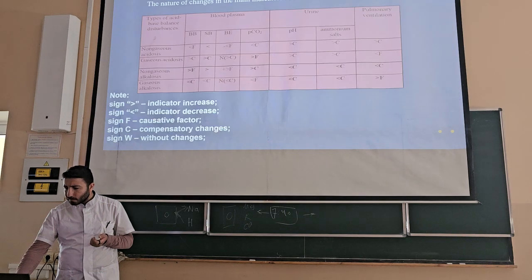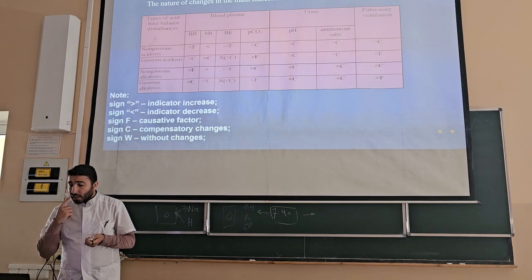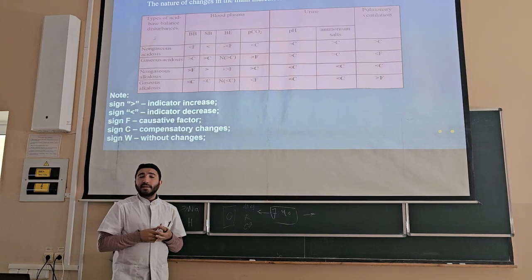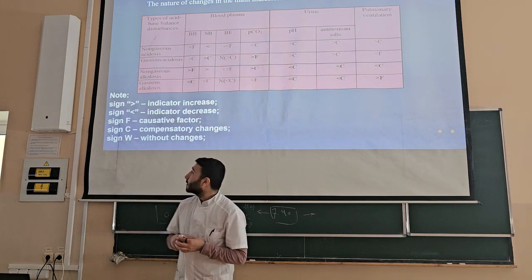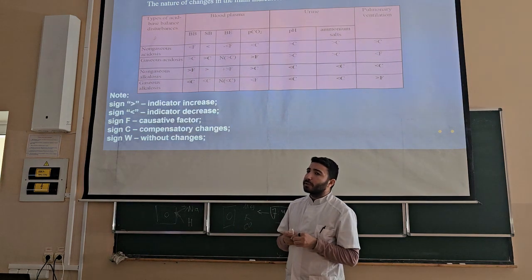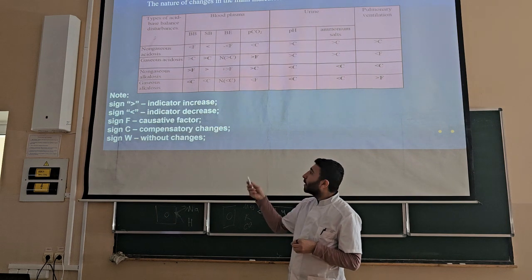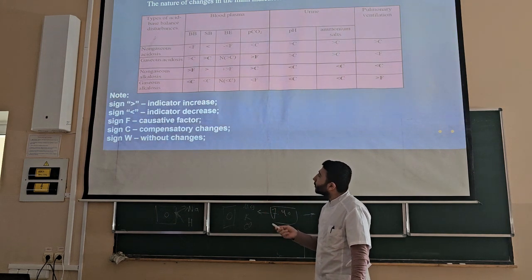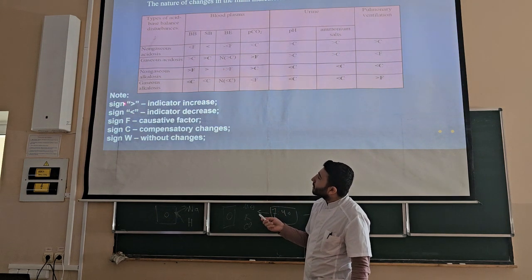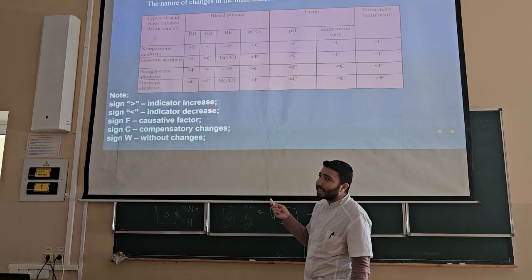Here, for the purpose of this class, it's very important to know. Before I explain this table, please pay attention to these notes. This sign is an indicator of a decrease, greater than is an indicator of an increase.